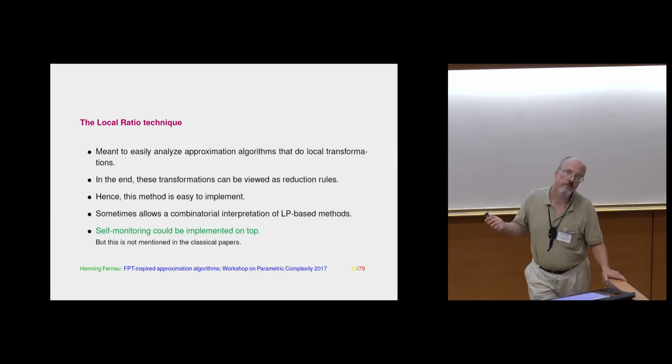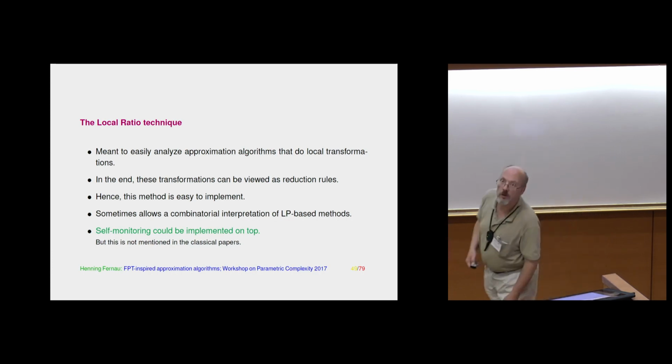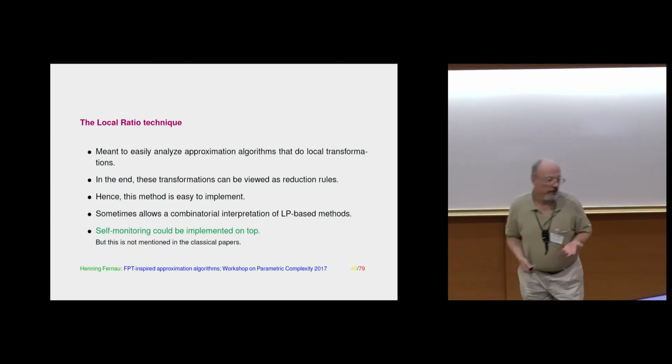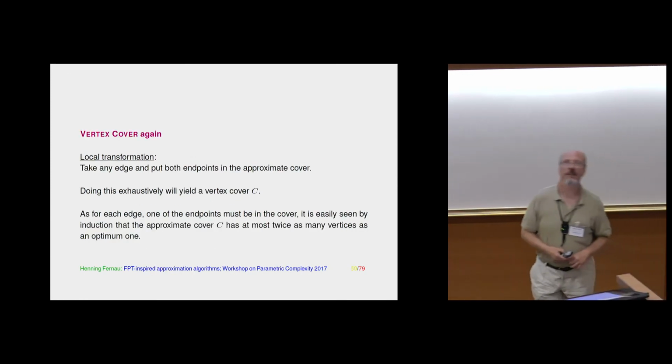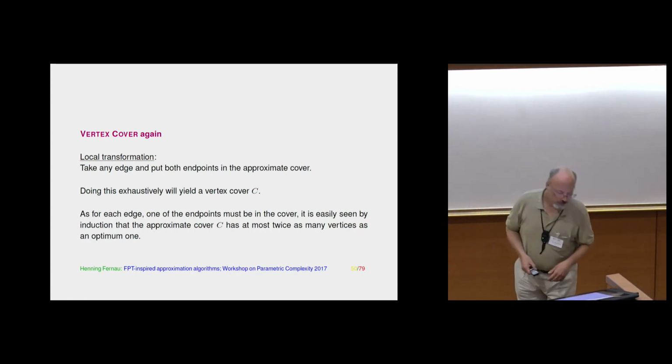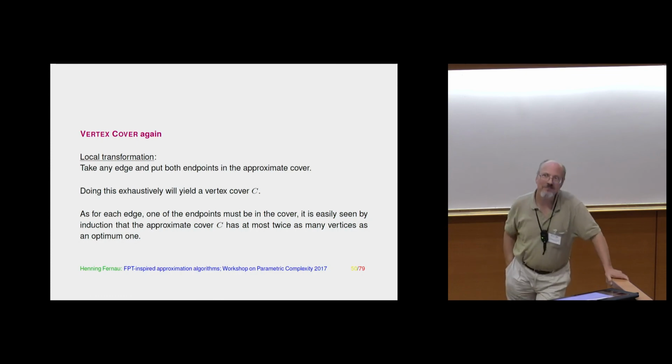This can be combined with this local ratio stuff on top, although I haven't seen anything like it before. Anyways, vertex cover. Okay, some of you might have seen this problem already, so I'm not going to define this.